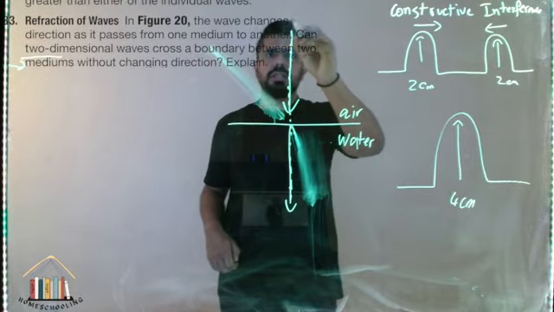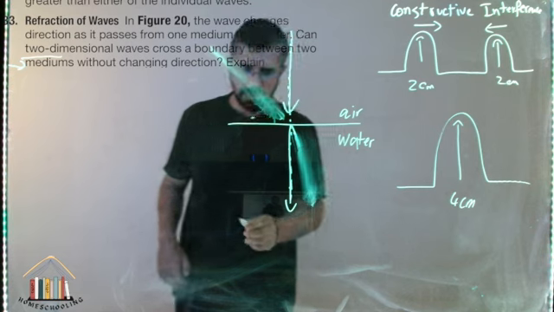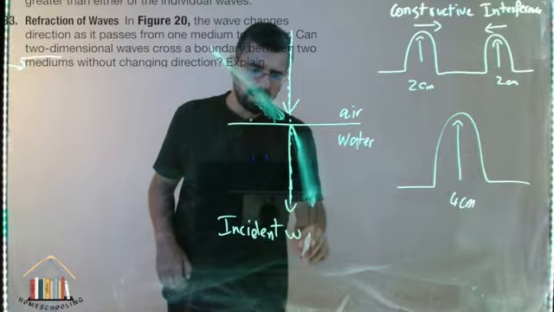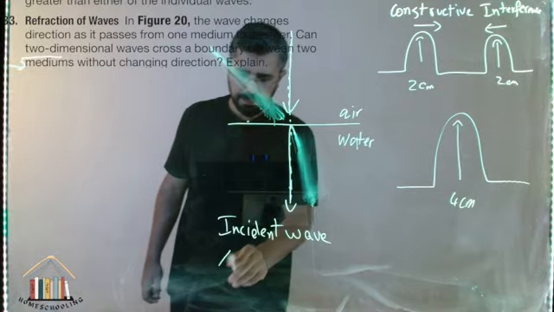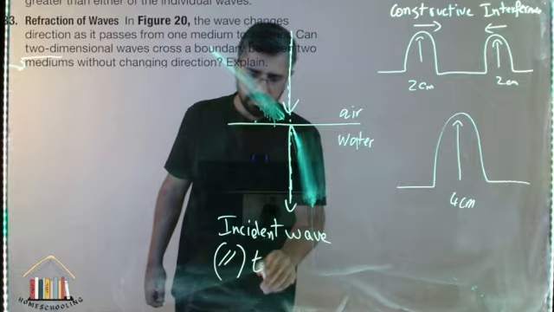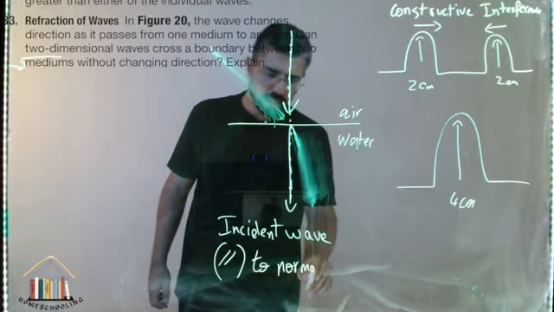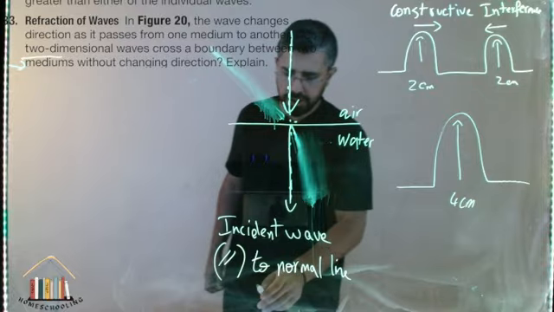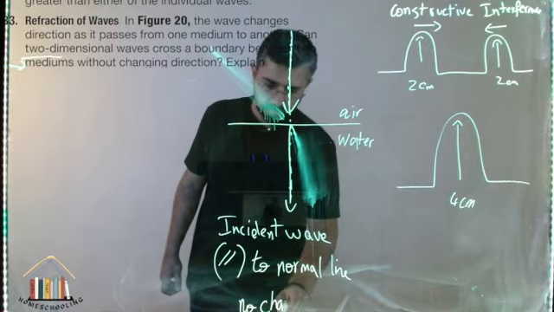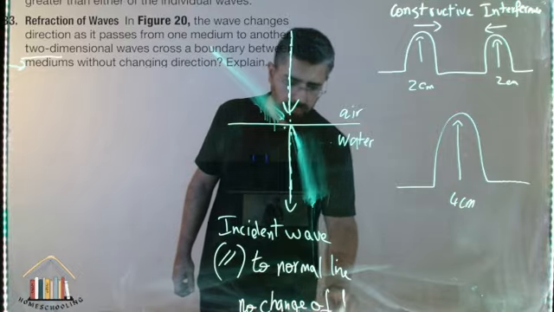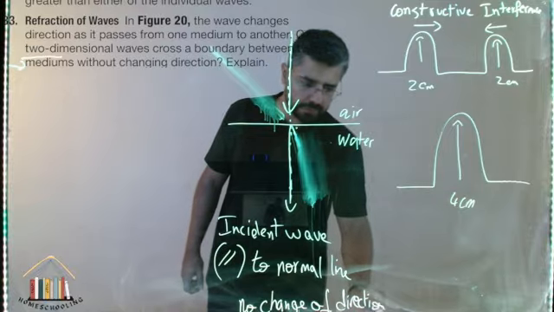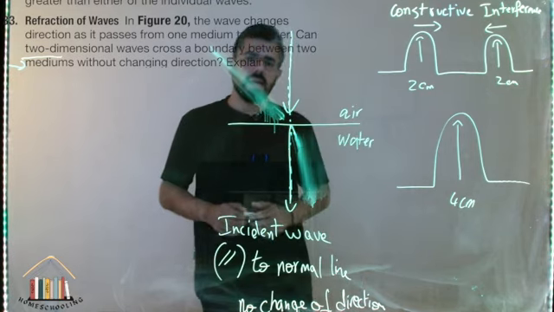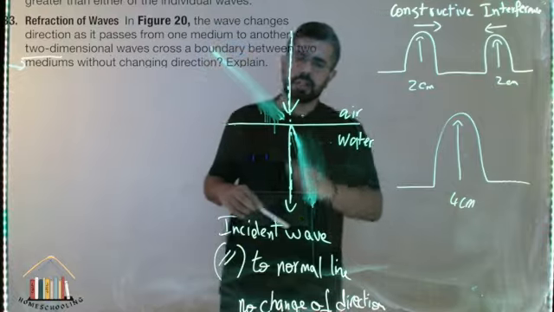Only in that condition, when the incident wave is traveling parallel to the normal line, the wave will continue without changing direction, no change of direction. Other than this, the wave will change its direction.